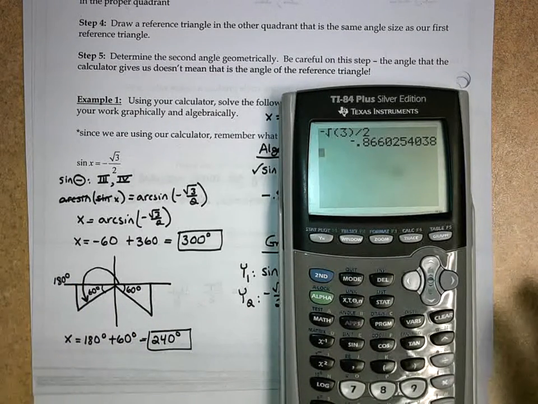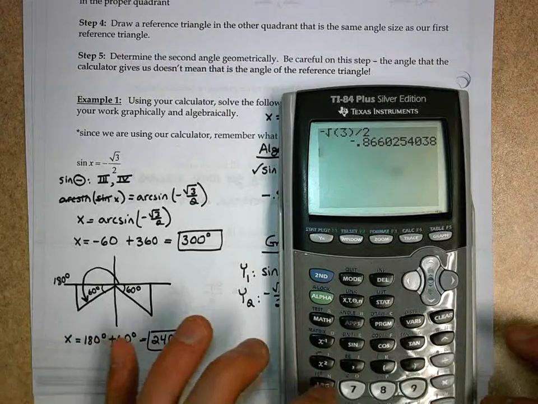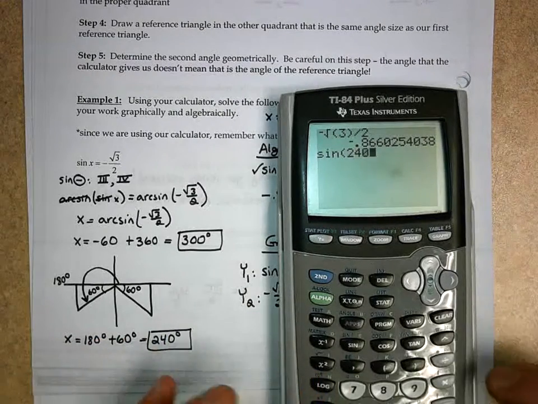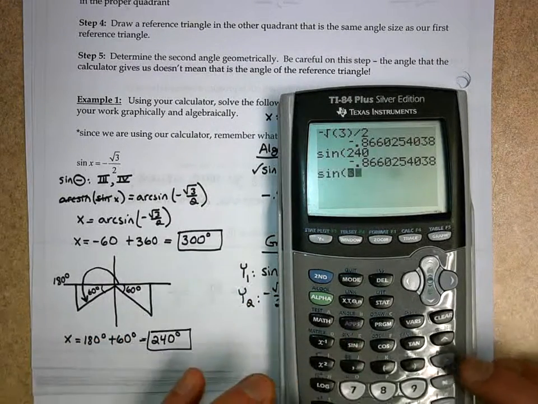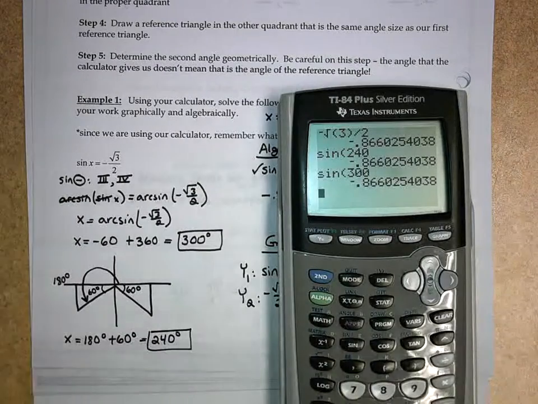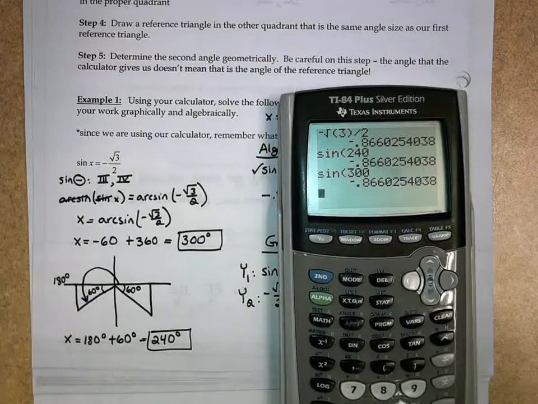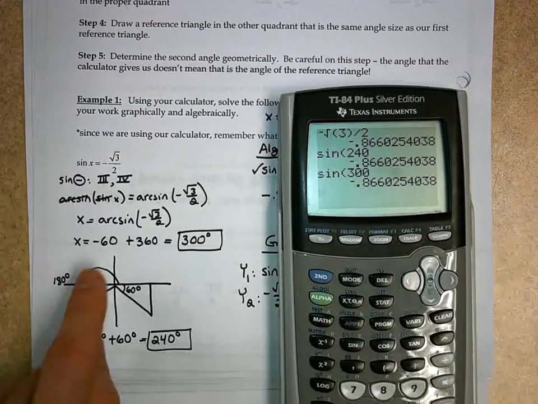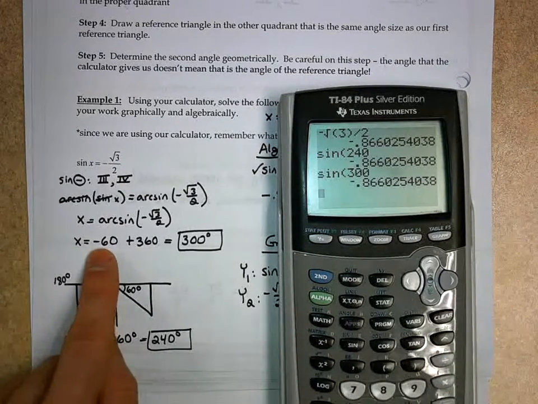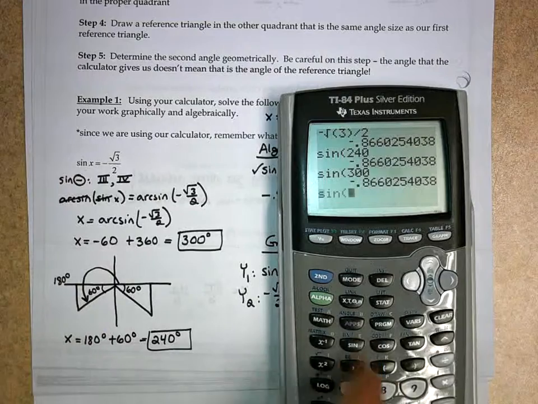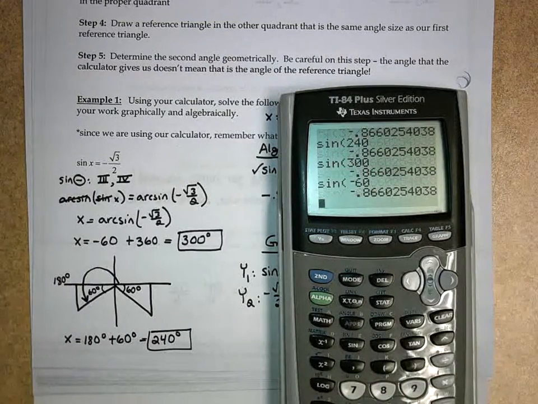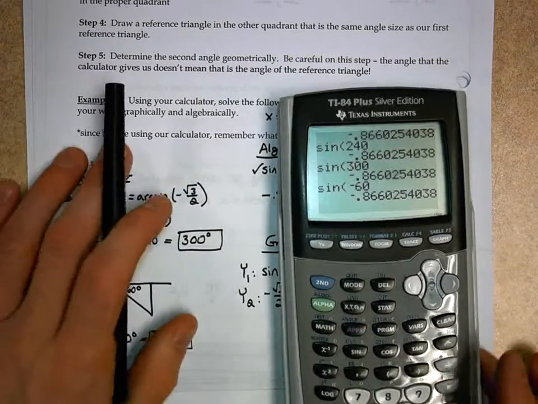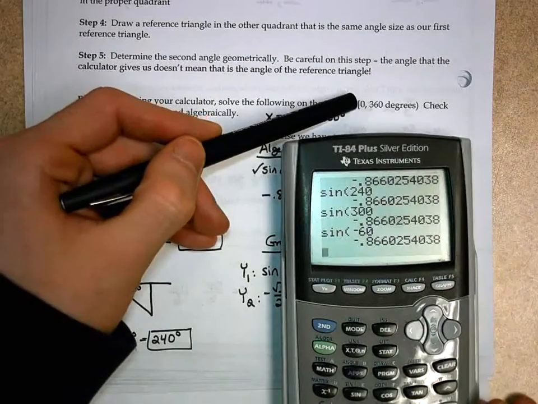And your check that you did was with the sine of 240 and the sine of 300. Those also gave you those negative 0.866s. But some of you might have noticed, hey, if I do a check with this negative 60, it also works. So sine of negative 60 is also that negative 0.866. But we didn't include that in my answer because it wasn't within this domain.